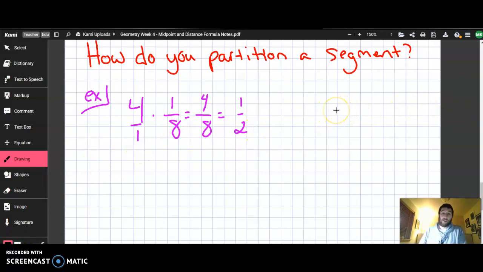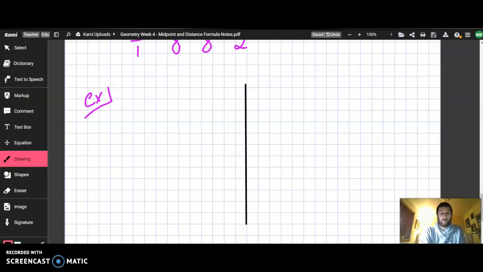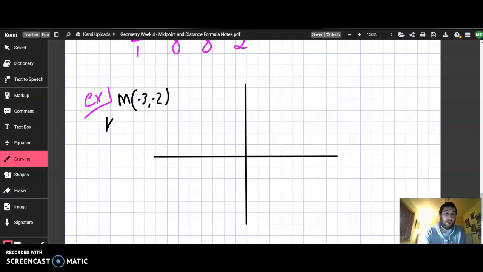So basically, what we're looking at is our diagram once again. So I'll go ahead and draw the vertical line, draw the horizontal line. And so let's say we want to partition a segment. Let's say we want points M to be -3, -2, and point K to be 9, 6.